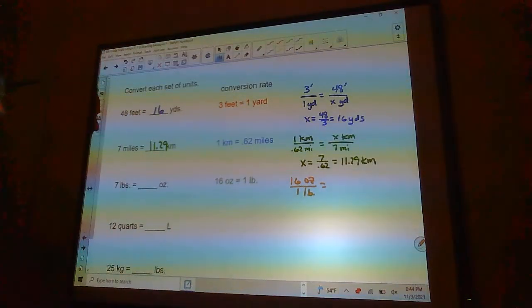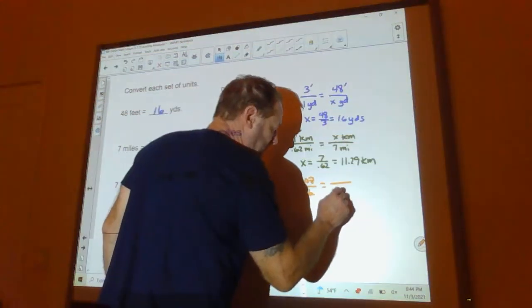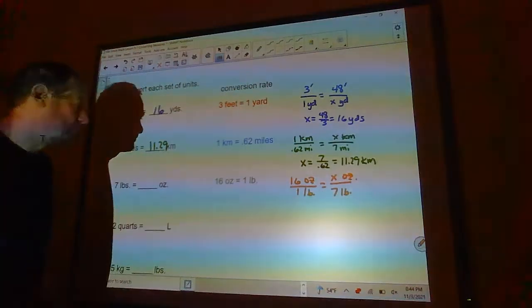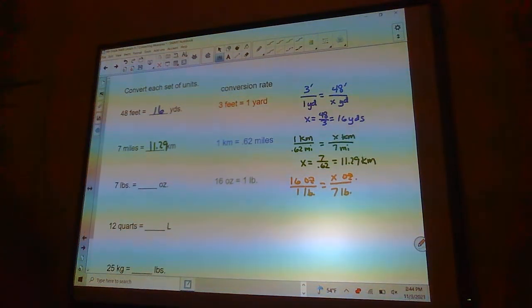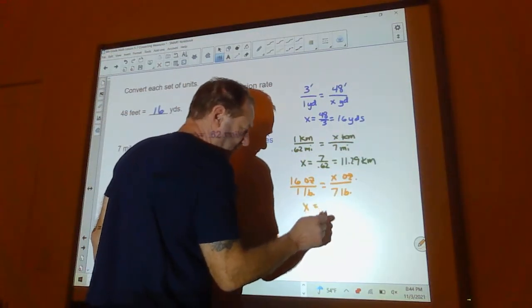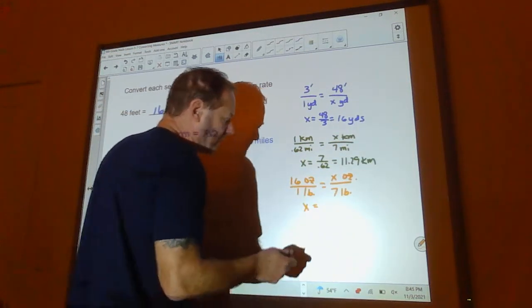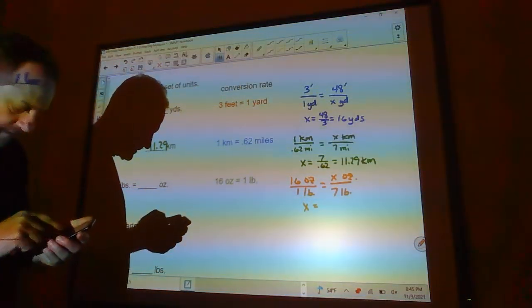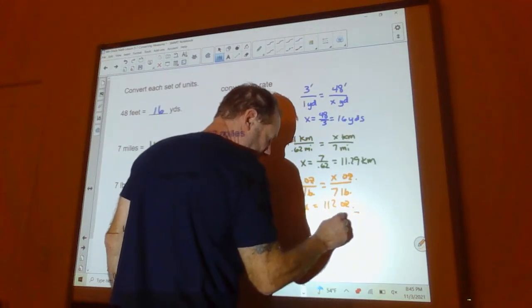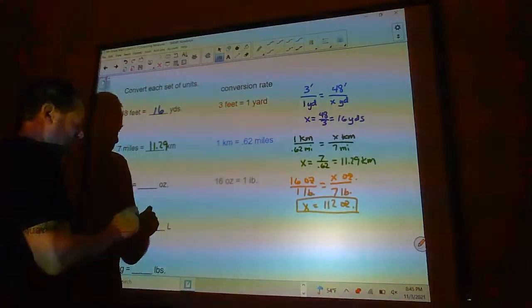Don't ask me why pound is LB, but I don't know that. I think I used to, but I don't. Okay, so this is equal to 7 pounds and is X ounces up here. Okay, so 16 ounces is to 1 pound, as 7 pounds is how many ounces? Okay, so X is going to equal 7 times 16 divided by 1. So that's just 7 times 16, which comes out to 112. 112 ounces.